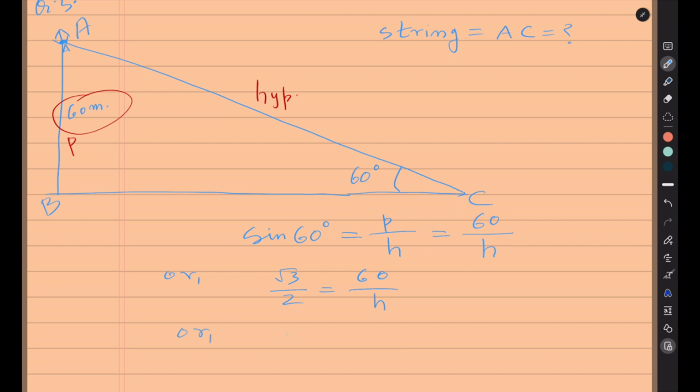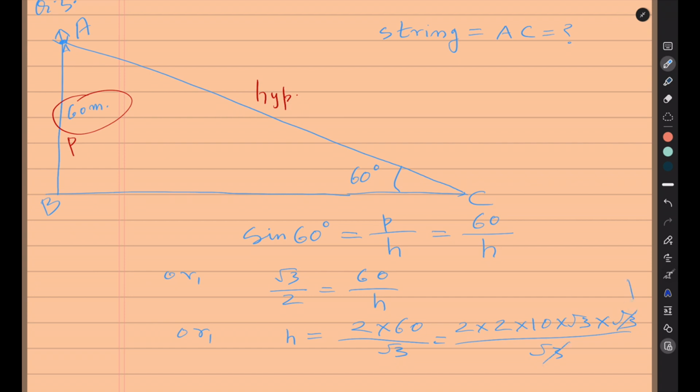Or by just some rearrangement, we get this as the length of string. Did you understand how and why I have written this one?